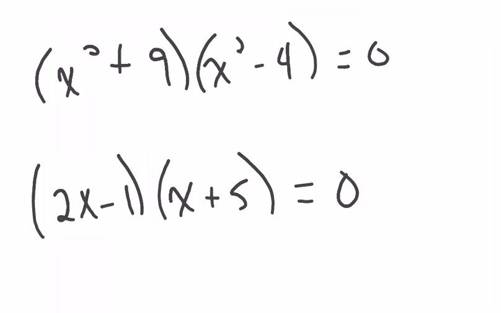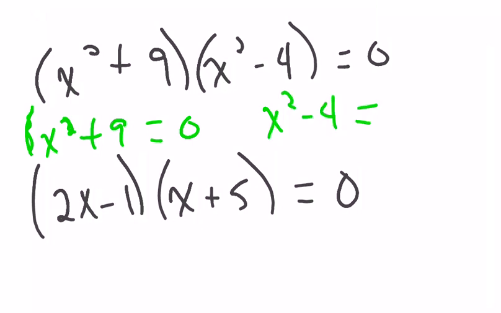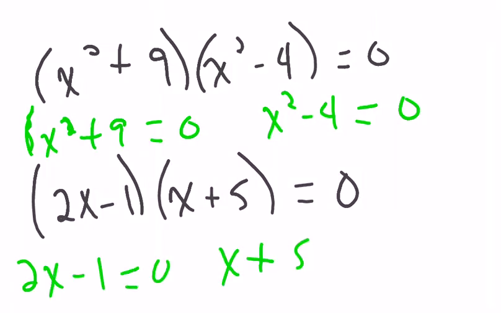And so now each one of these gets set equal to 0. So we have x squared plus 9 equals 0. We don't need the parentheses anymore. And then we have x squared minus 4 equals 0. Down here, setting each one of those equal to 0 as well. And then we keep going.